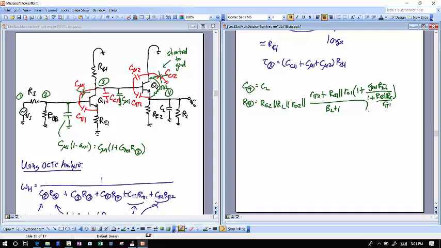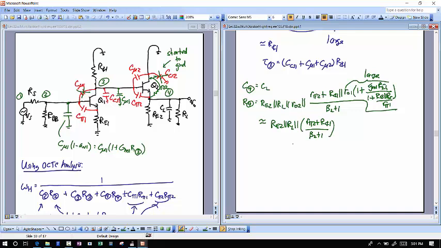Okay, and all that is over beta plus 1, but you know that this whole thing just reduces down to RE2 parallel RL, and then parallel this R pi 2 plus RC1, because this is large, divided by beta 2 plus 1.